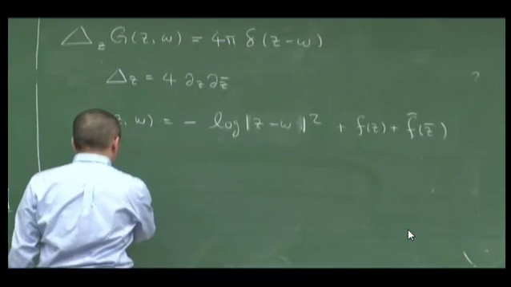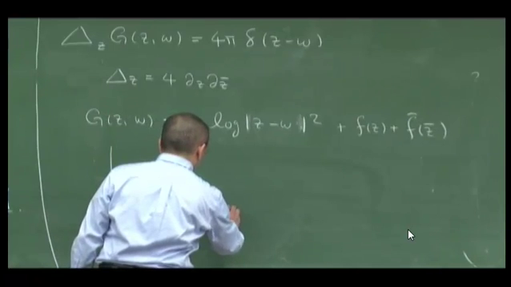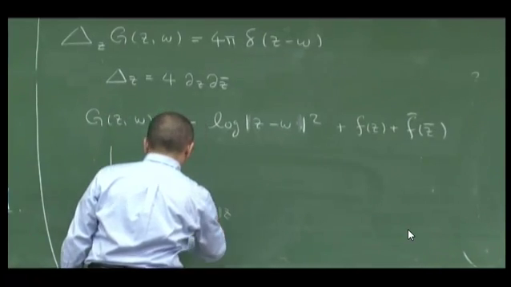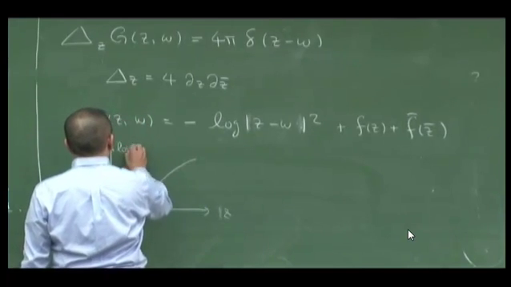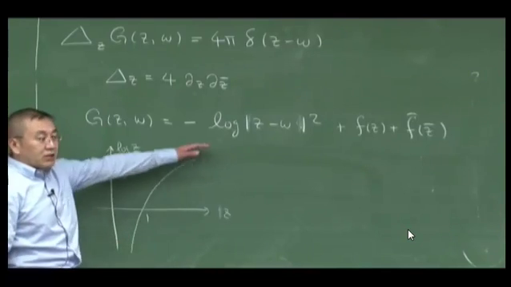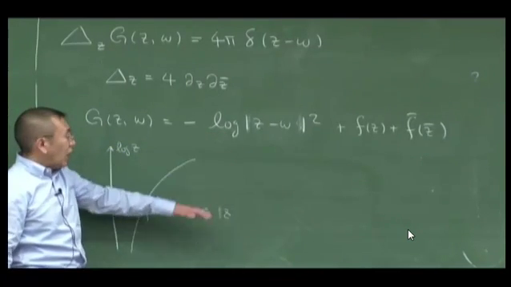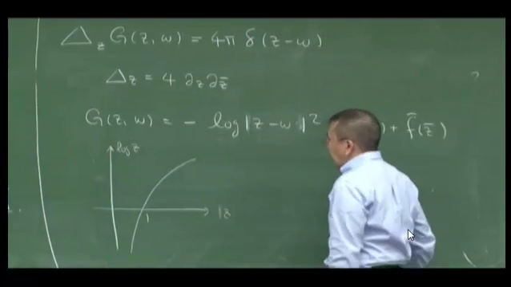So log behaves, as you know, like this. If this is the absolute value of z direction, the log would behave like this. If I consider the real section, for example, this is 1. So in particular, this grows as z goes to infinity, which is very different from other dimensions.